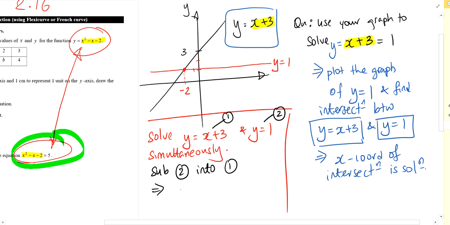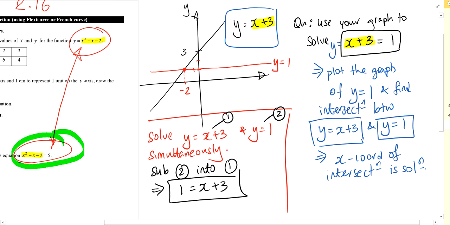Therefore, we will end up with 1 equals x plus 3. Isn't this the same equation as this over here? So you need to constantly remind yourself that solving simultaneous equations is just the same as plotting the graphs of the two equations and finding the intersection point. If we solve it simultaneously, we will get x equals -2.